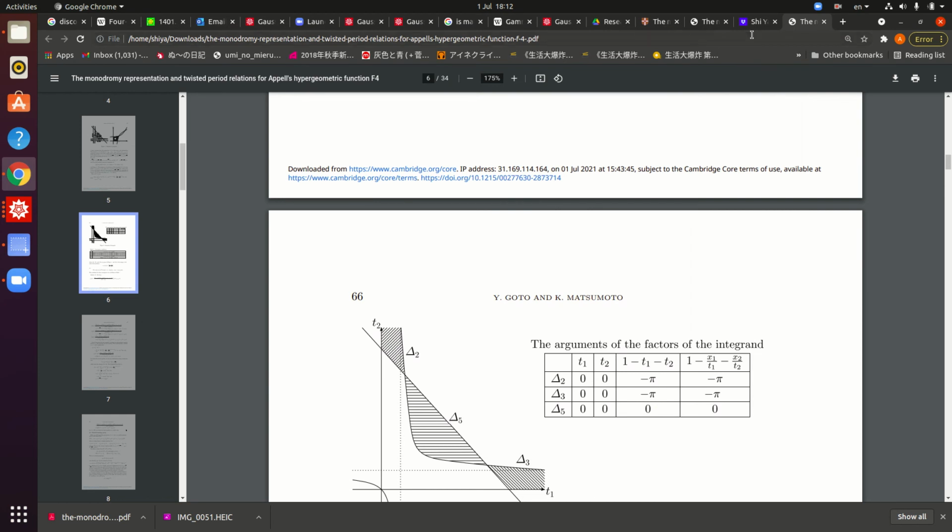Do you have the paper? I think it's equation C34, if I remember rightly.